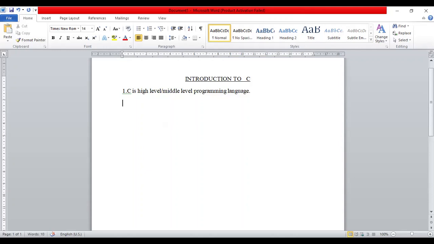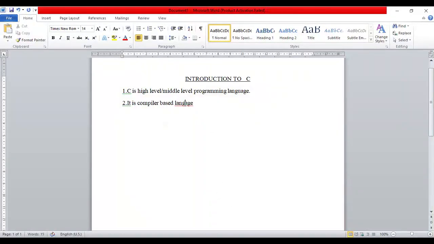Sir, second point is what? C is a compiler based language. Sir, third point is what?